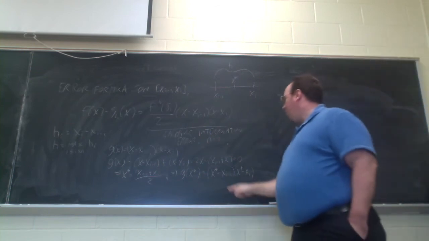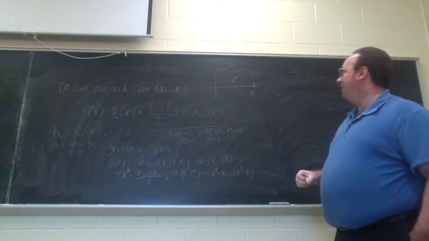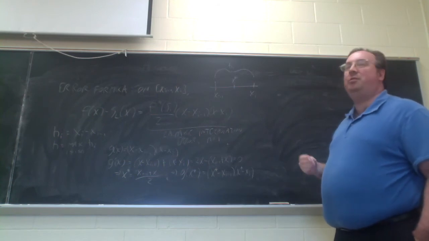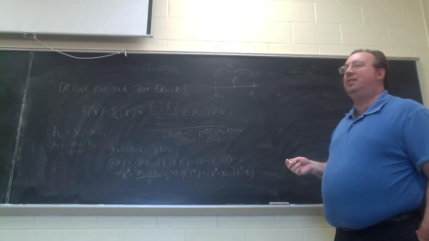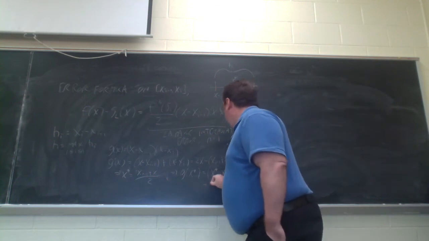So what are these linear factors going to be equal to? Since x star is the midpoint, half of h_i, so this one will be h_i over 2.